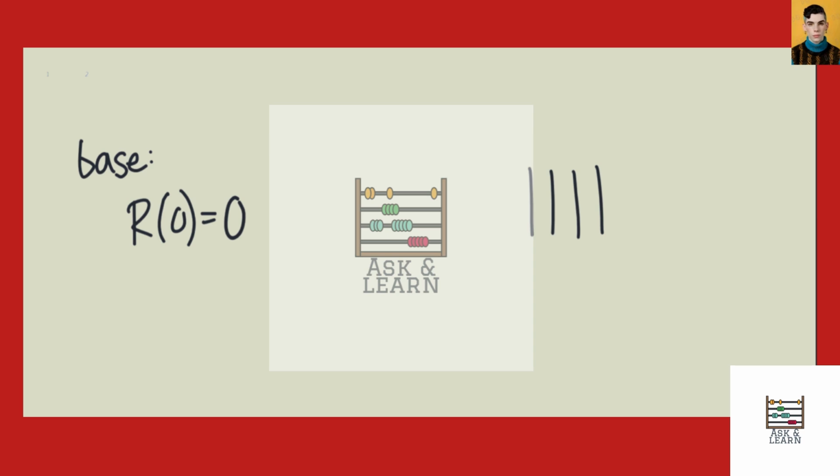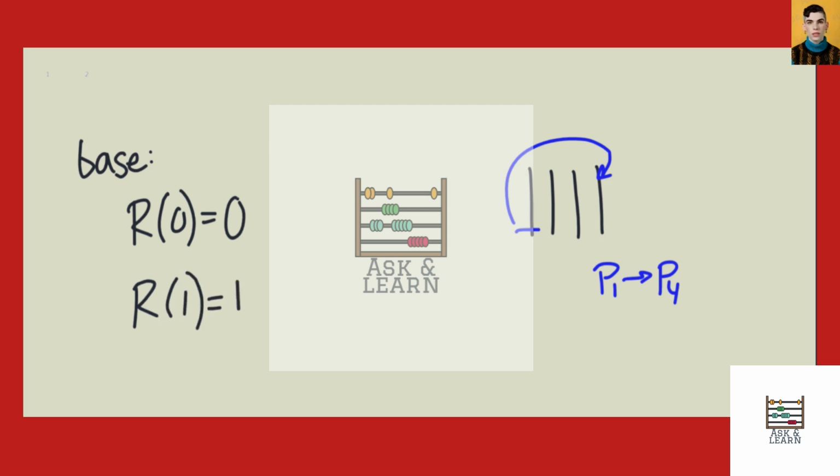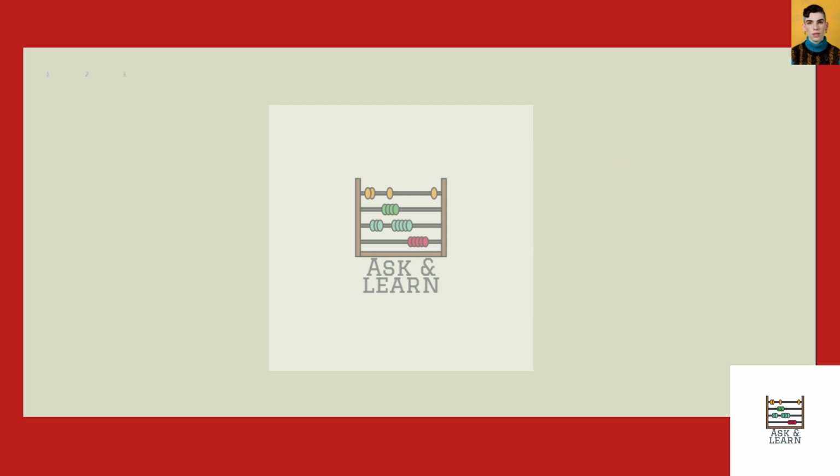Okay, and then when we have 1 disk, to get that 1 disk to the 4th peg requires 1 move, right? From peg 1 to peg 4. So in the case where we have just 1 disk, it requires 1 move to solve. And so those are the base steps, right? It feels a lot like just solving initial conditions.